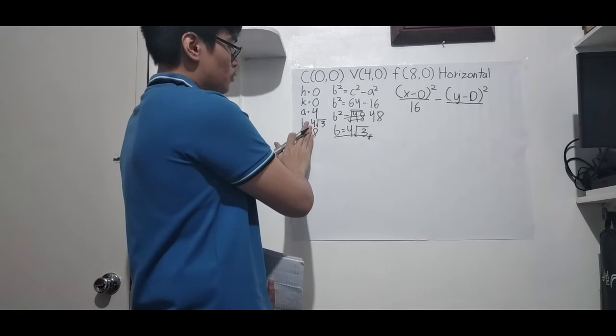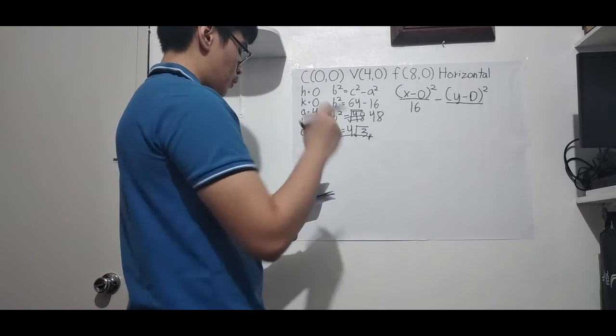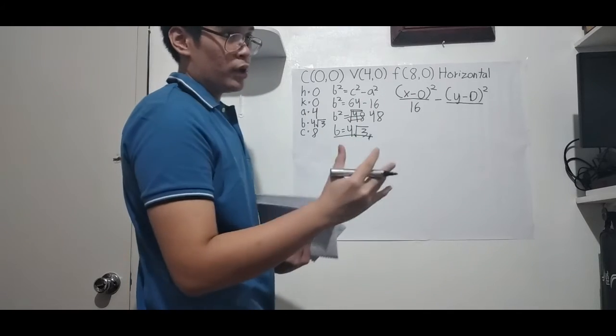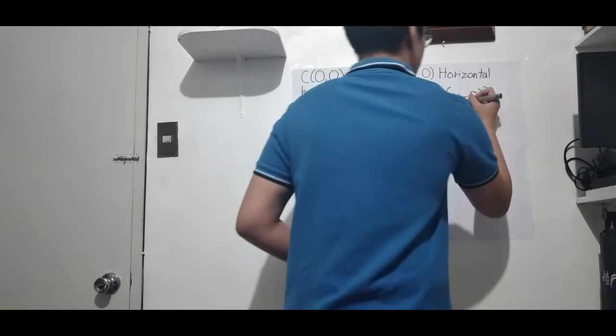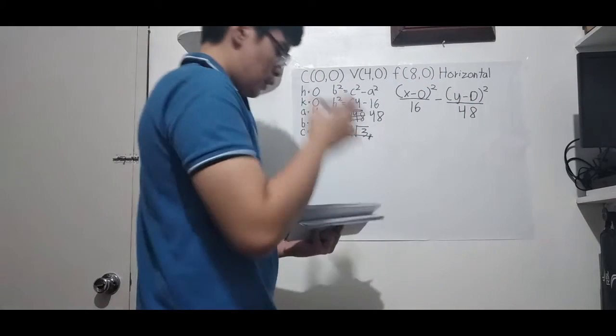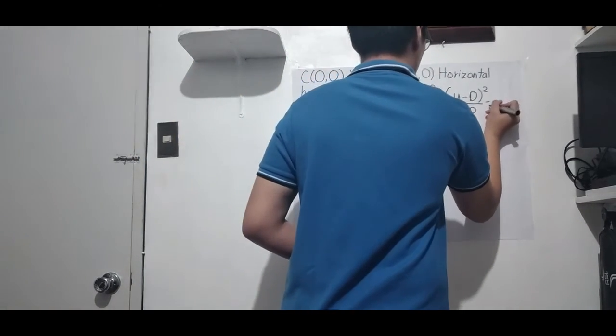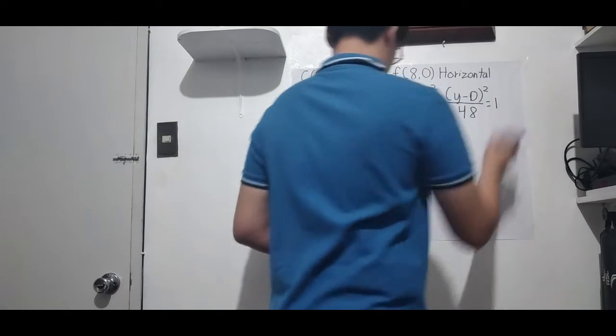Our b is 4 square root of 3, and 4 square root of 3 squared gives us 48. Let's not forget that it should be equal to 1.